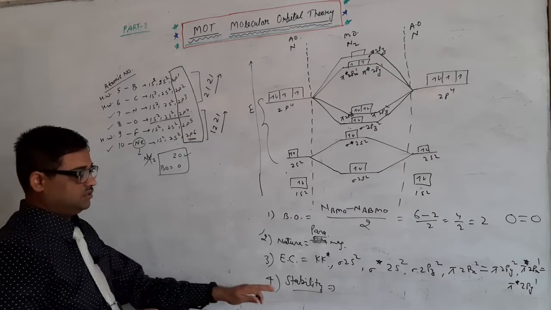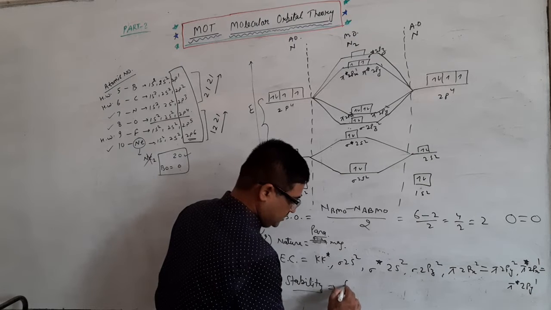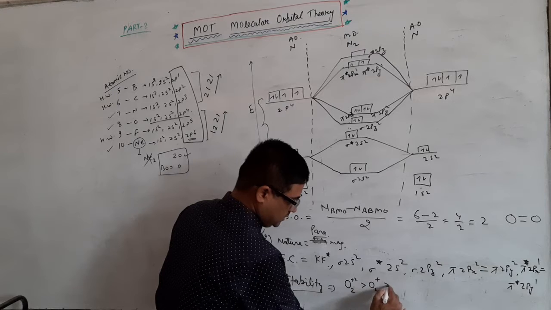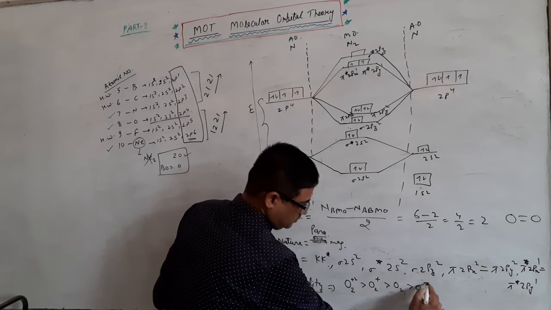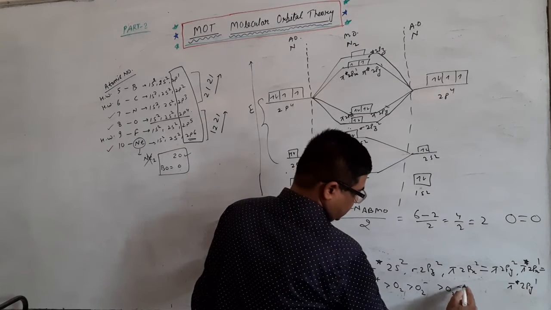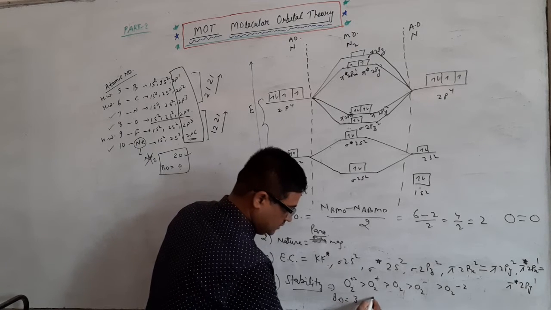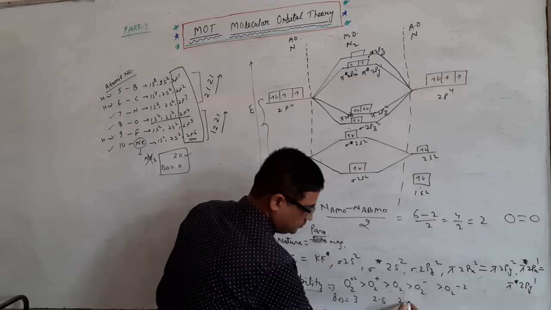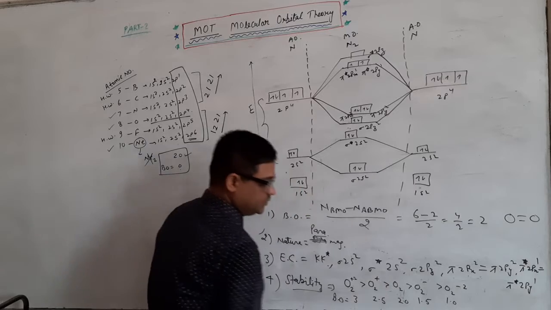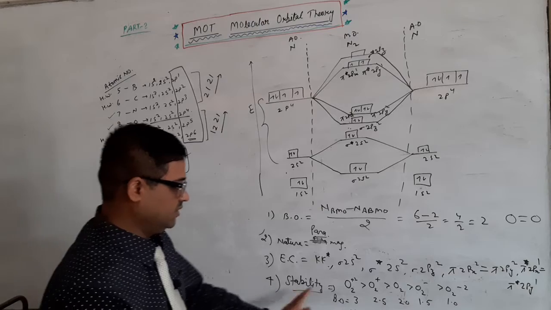Now a question arises about stability. So by yesterday's technique you can see O2 plus 2, O2 plus, O2, O2 minus and then O2 minus 2. Bond orders are 3, 2.5, 2, 1.5 and 1. Clear? So with respect to bond order, the stability will be like this.